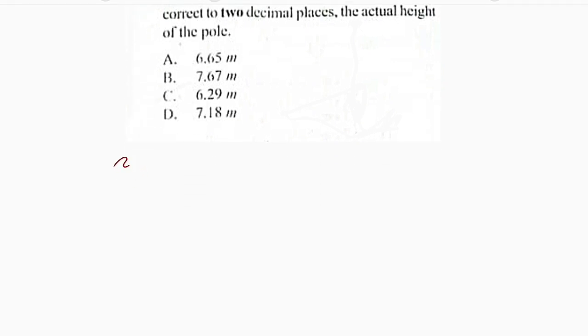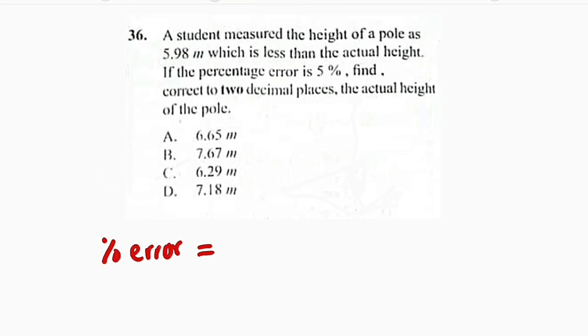So we have percentage error to be equal to the absolute measure. Absolute measure is nothing but the difference between the original height and the estimated height. But according to this question, the actual height is greater than the estimated height, or the wrong measure.